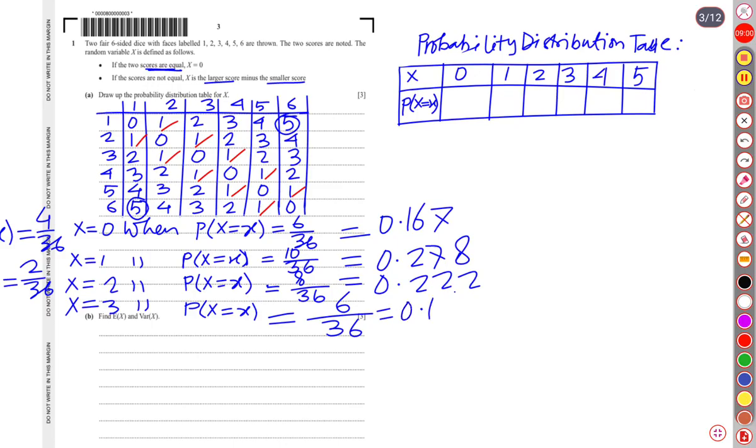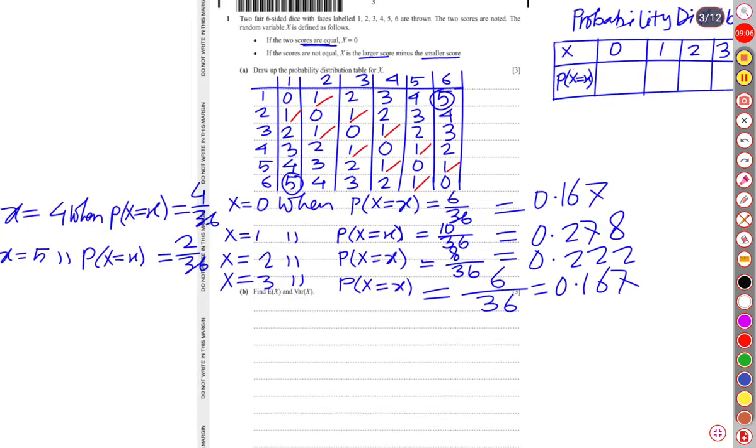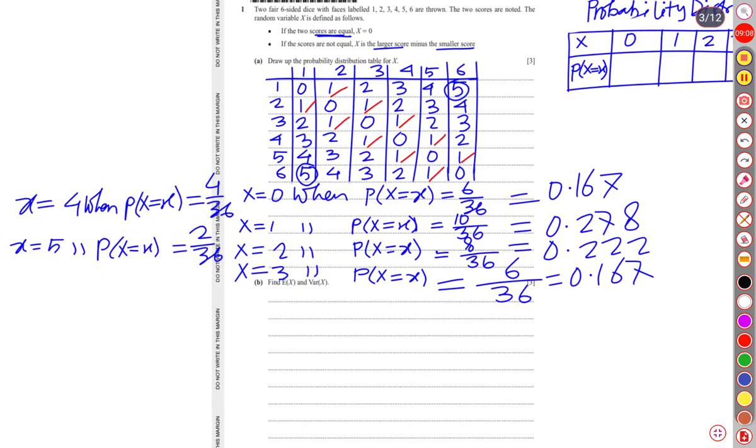Then the remaining two probabilities, when x is 4, our probability is going to be what? When x is 2, probability 2 over 36 is 0.056.